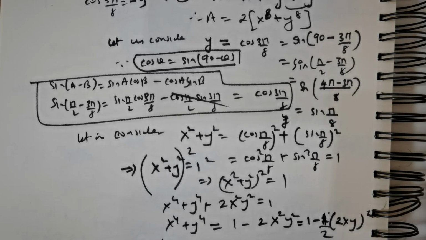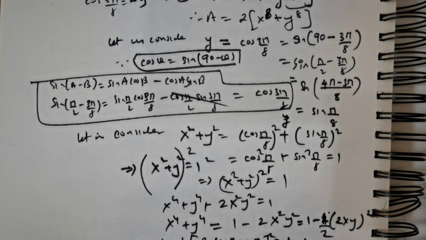So this is equal to 1 minus 1 over 2, 2 times, I'm going to write this as sine pi over 8 cos pi over 8, whole squared. This is 2 times sine theta cos theta, which is sine 2 theta.